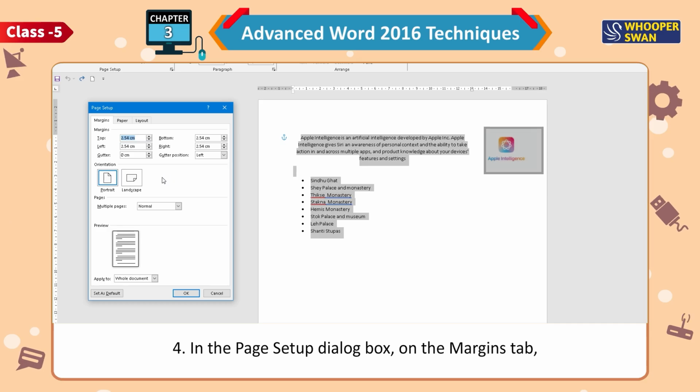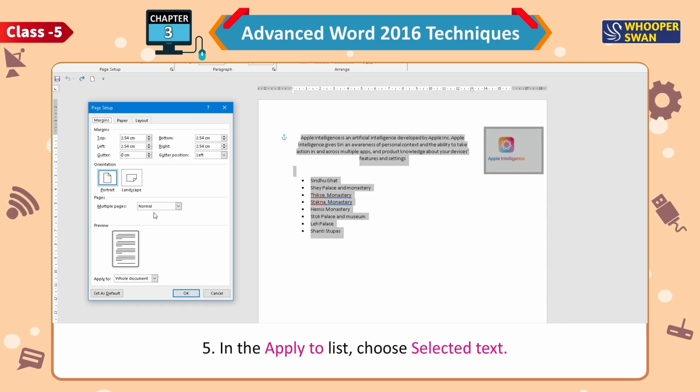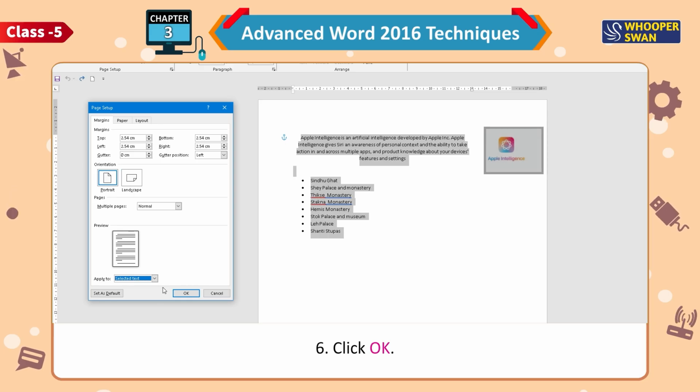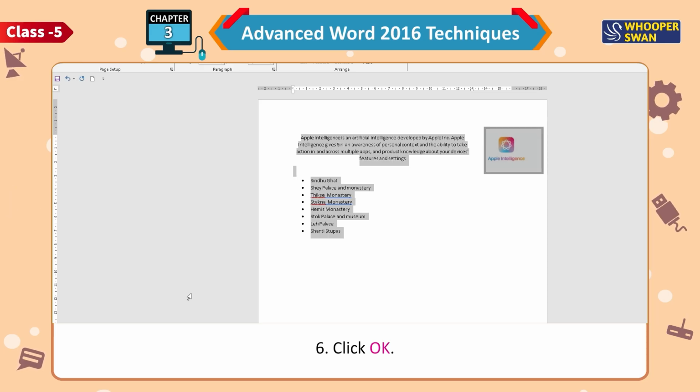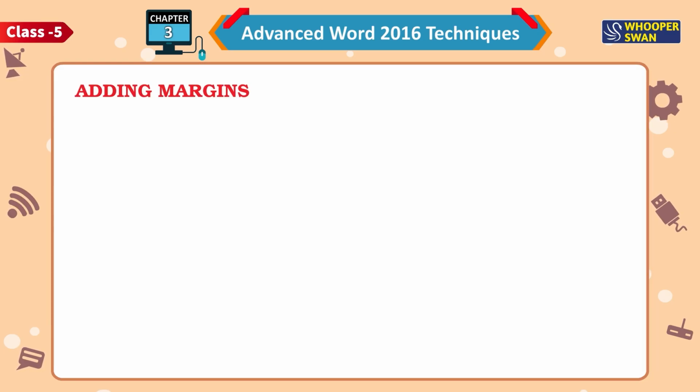Step 4. In the Page Setup dialog box, on the Margins tab, choose Portrait or Landscape orientation. Step 5. In the Apply to list, choose Selected Text. Step 6. Click OK.